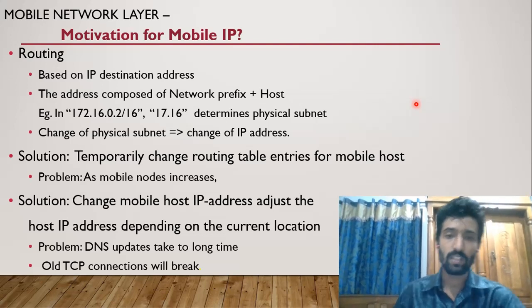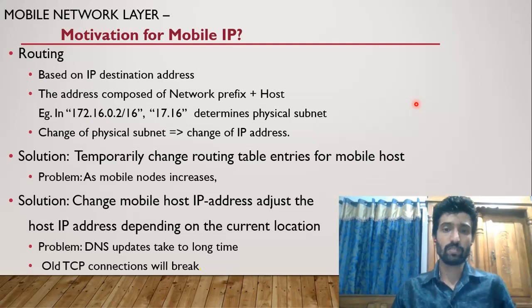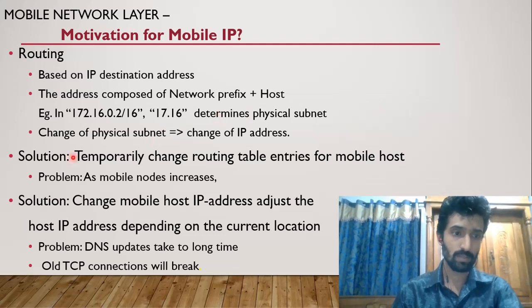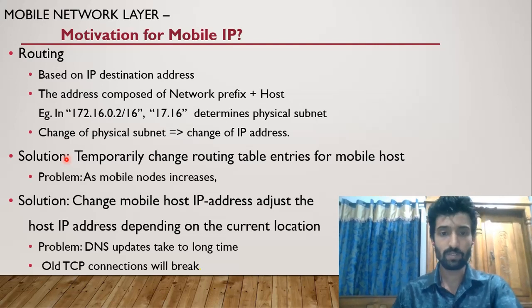Okay, so some direct or naive solutions to this problem we can think of here. One solution is, without changing the IP address, we can let the device move from one network to another.